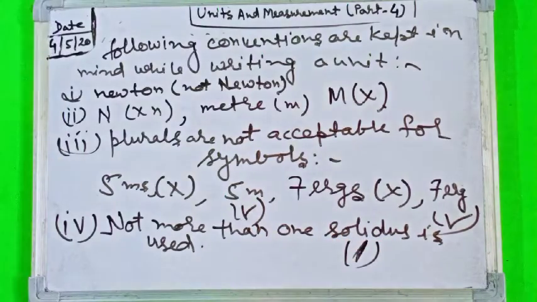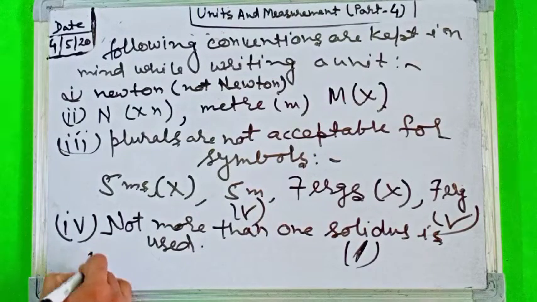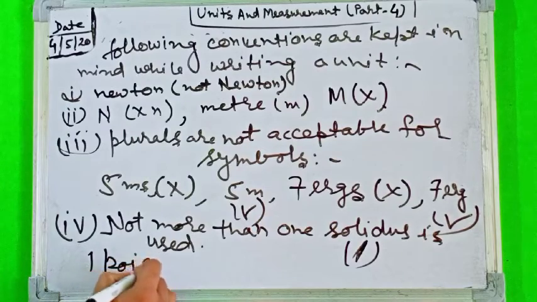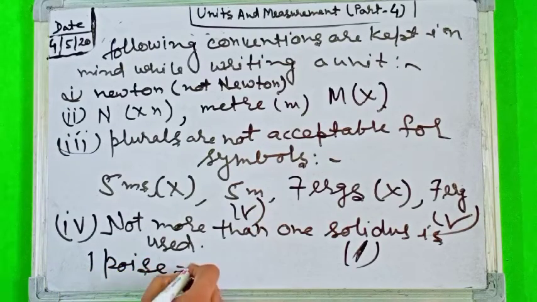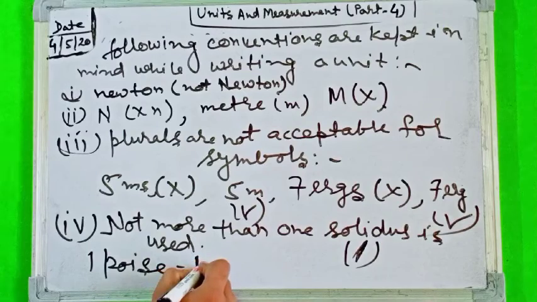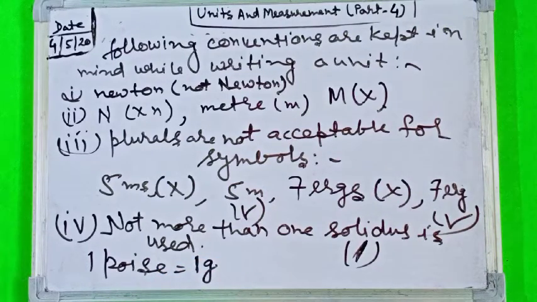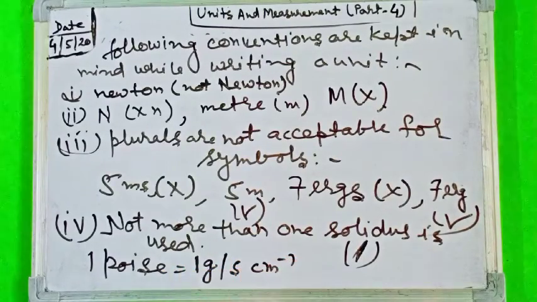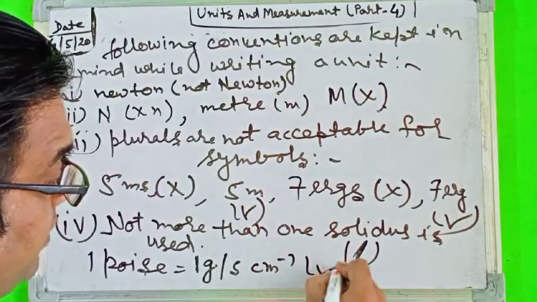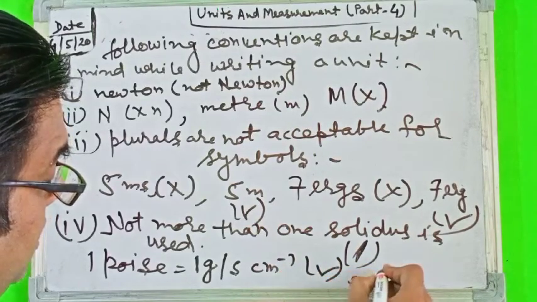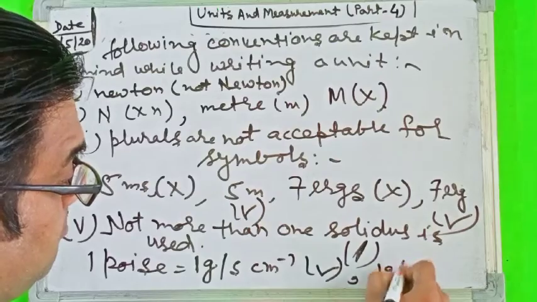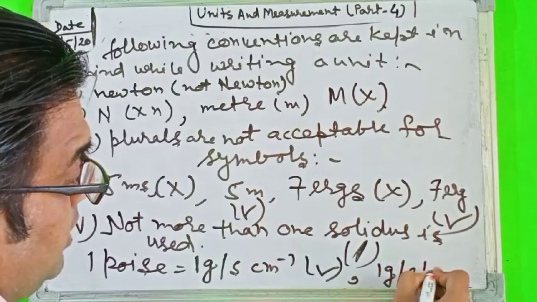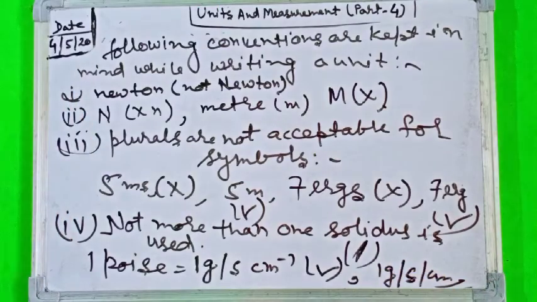So suppose I am writing 1 poise. 1 poise can be written as 1 gram per second centimeter inverse, this is the correct way. Not 1 gram per second per centimeter.